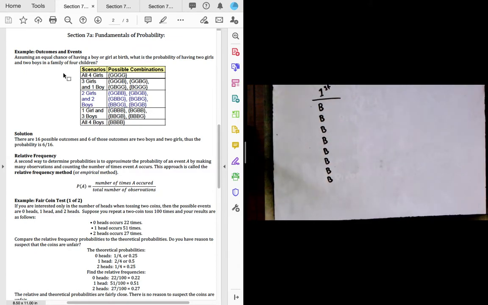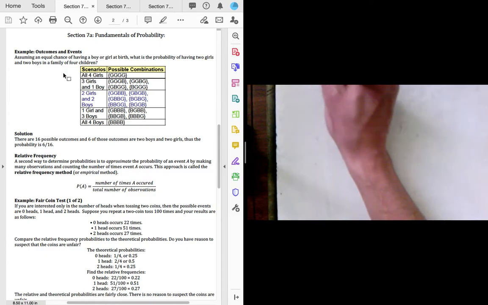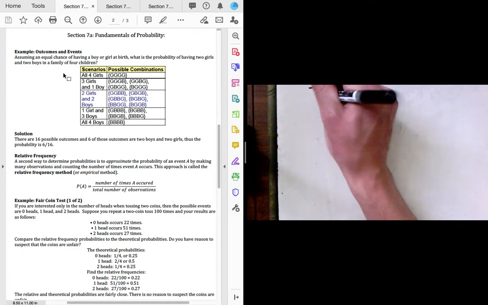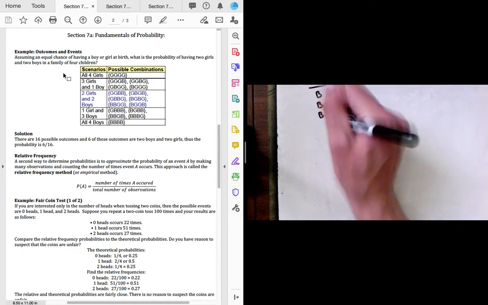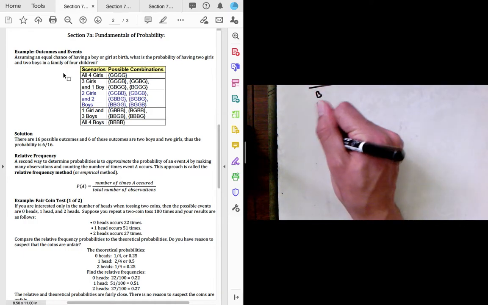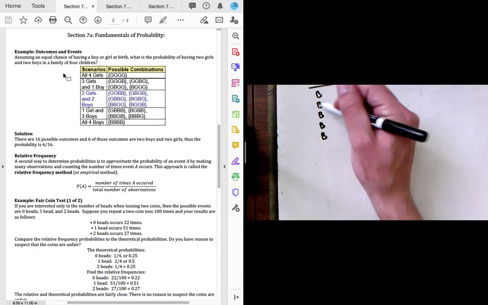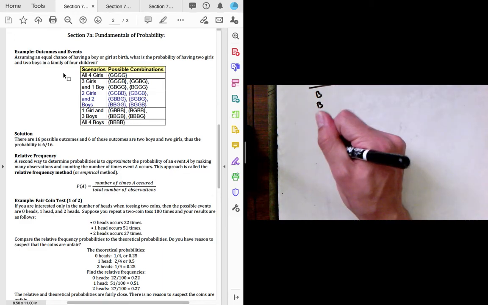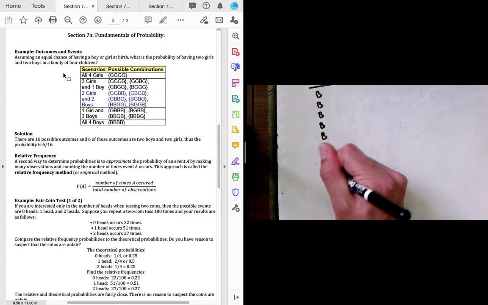Uh-oh, I'm going to run out of room. Let me try this again. For my first child, I'm going to have 8 boys. 8 different possible outcomes of having a boy first, I should say. 1, 2, 3, 4, 5, 6, 7, 8.